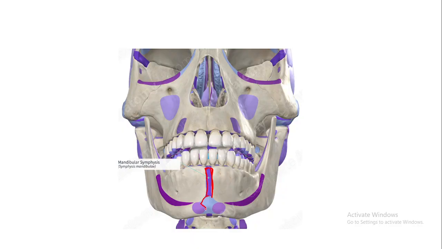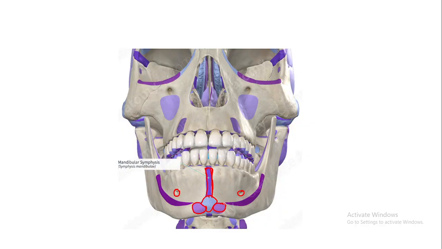Then there is a bony protuberance in the middle, which is called the mental protuberance, and on both sides of it are two tubercles called the mental tubercles. Then there are foramina just below the roots of the premolar teeth. This is the mental foramen, which gives passage to the mental nerve, or mental branch of the mandibular nerve.